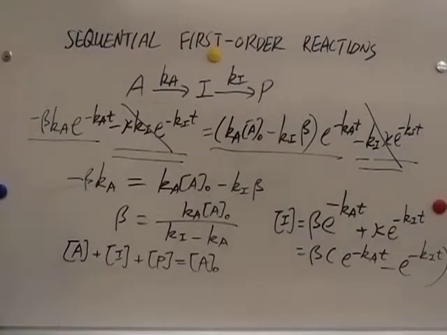So we have this neat equation here. And we have the equation for A. A is just A naught times e to the power of negative Ka t.